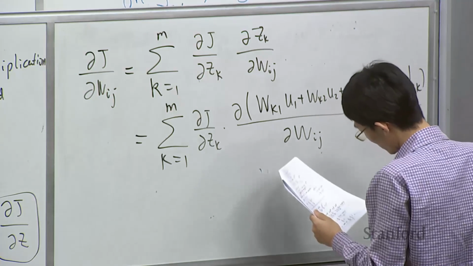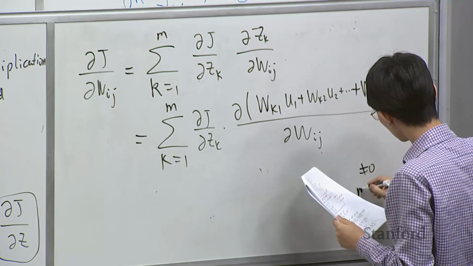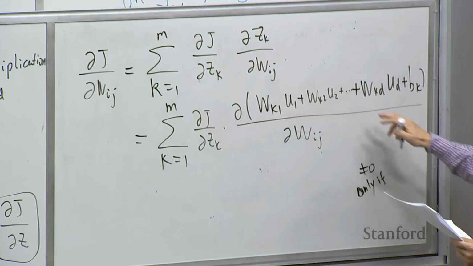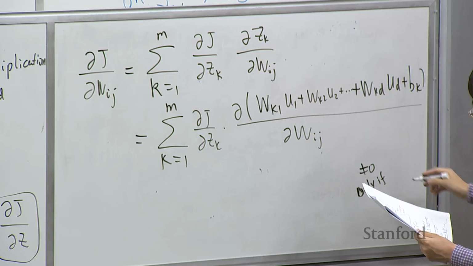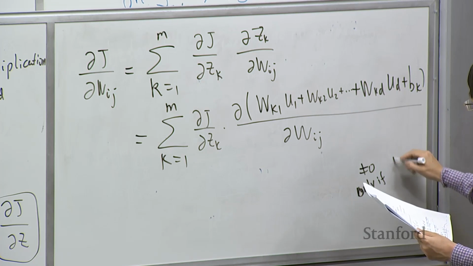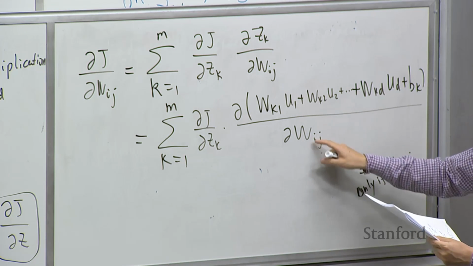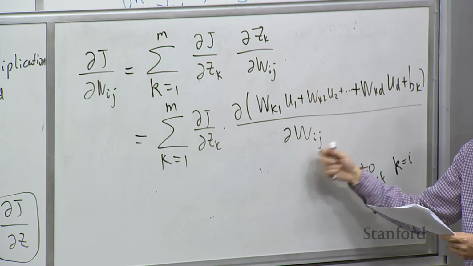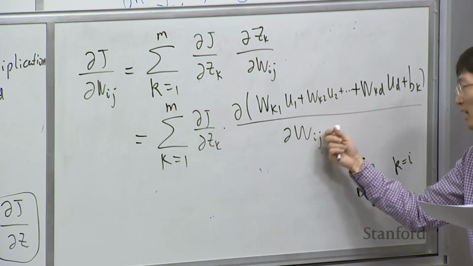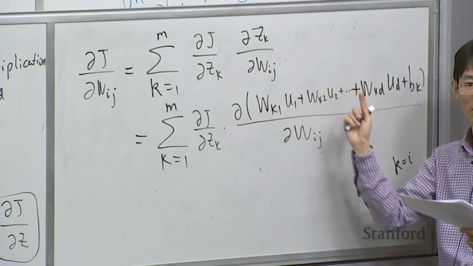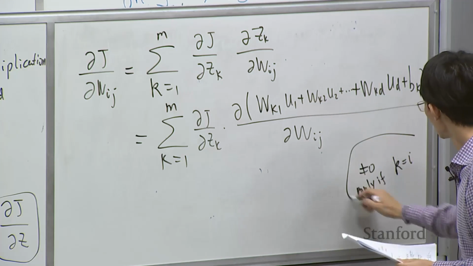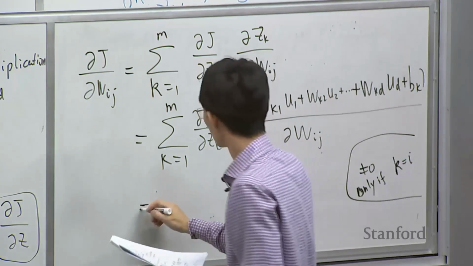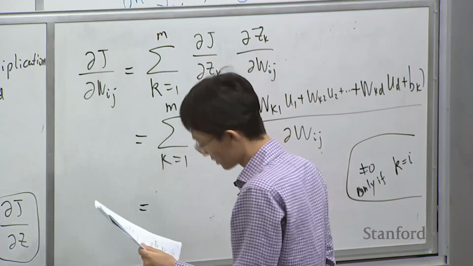So this is non-zero only if w_ij does show up in the expression. And it shows up only if k is equal to i, because only w_k-something shows up in the expression. So if i and k are the same, then w_ij can show up. That's why you only have to care about those cases where k is equal to i. So the entire sum is gone, and you only have to care about z_i.